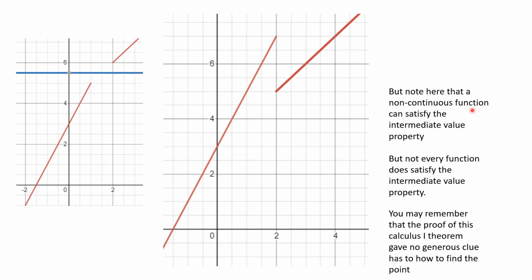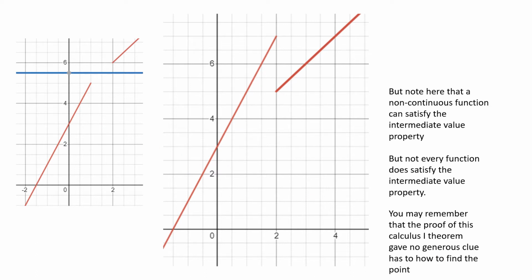So you see, we can have non-continuous functions that do that. But not every function satisfies the intermediate value property. Here's an example of a discontinuous function that doesn't, because for this value here, the blue value across here, the function doesn't cross it. So not every function will satisfy the intermediate value property.